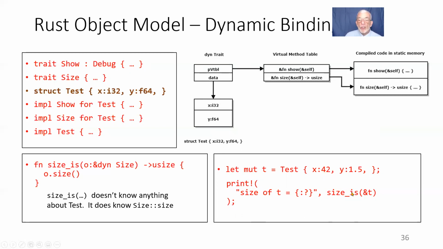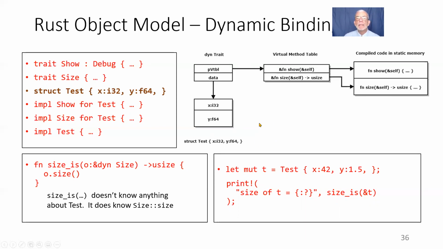Size is a function that accepts any type that implements that trait. So I could have a whole series of related types that I want to quickly generate their size. Size is a nice little facility. So that's dynamic binding. It's really polymorphism in action. Even though we don't have a fully formed inheritance hierarchy system like C++, it comes real close.